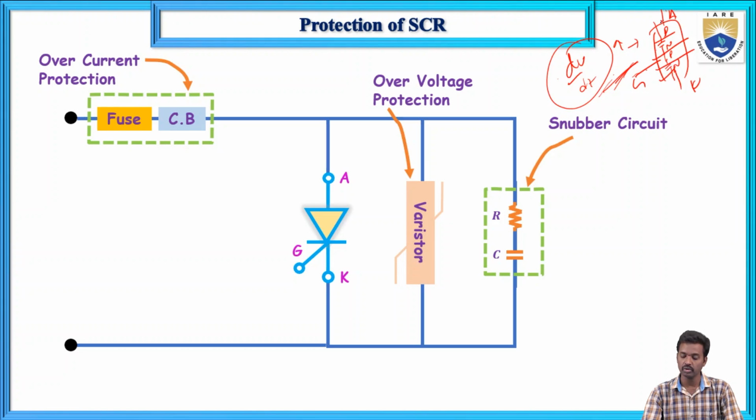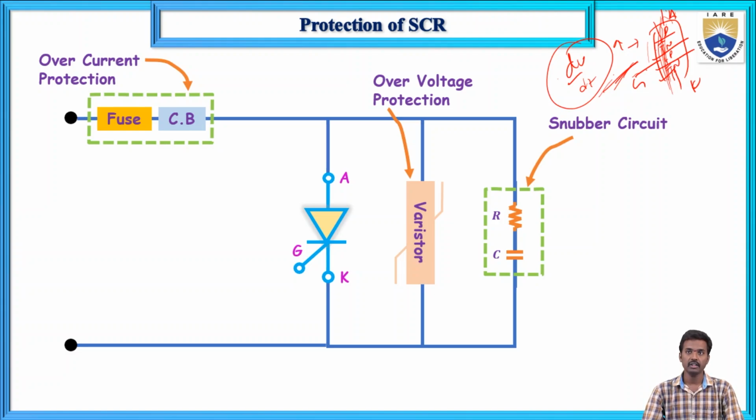That current adds to the leakage current, and the thyristor is turned on unwantedly from anode to cathode. It should not happen. Using a snubber circuit we can suppress this dV by dt: the capacitor C bypasses the dV by dt, and the main purpose of R is to decrease the discharging capacitor current.